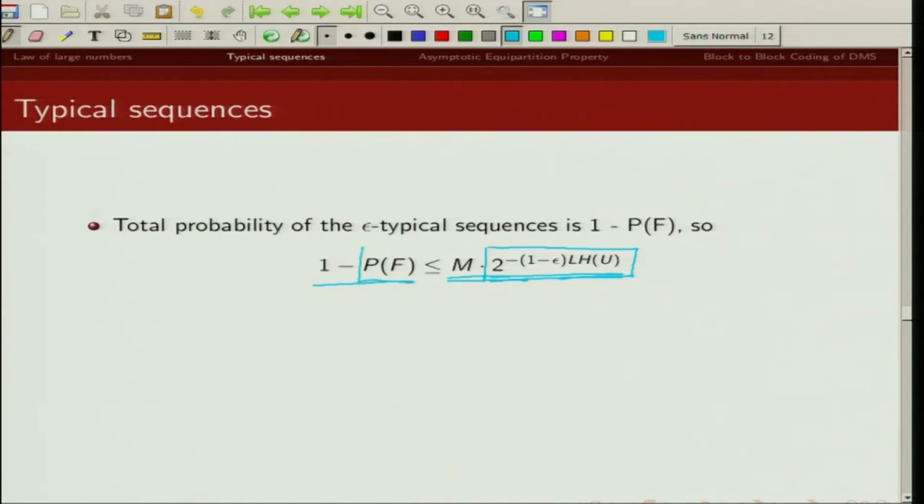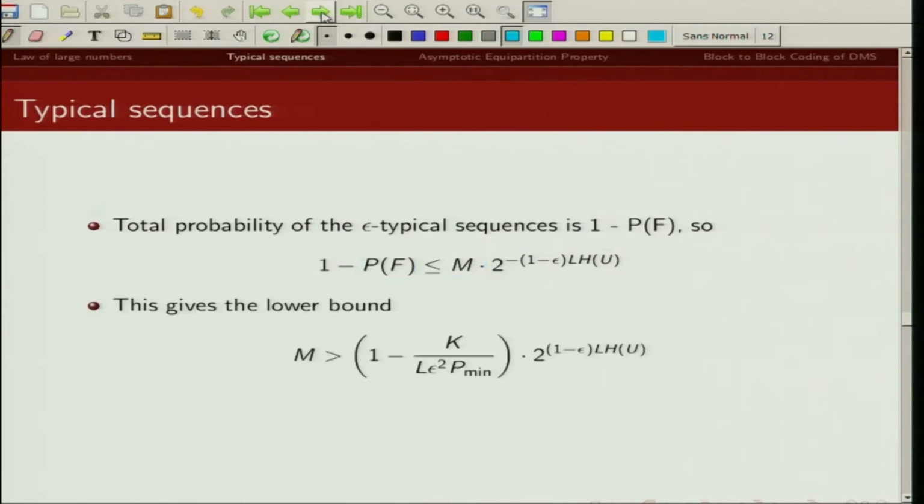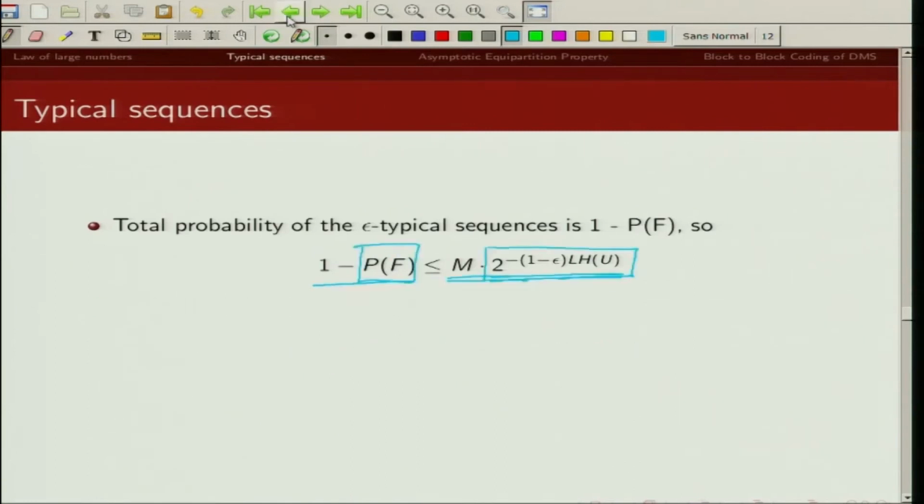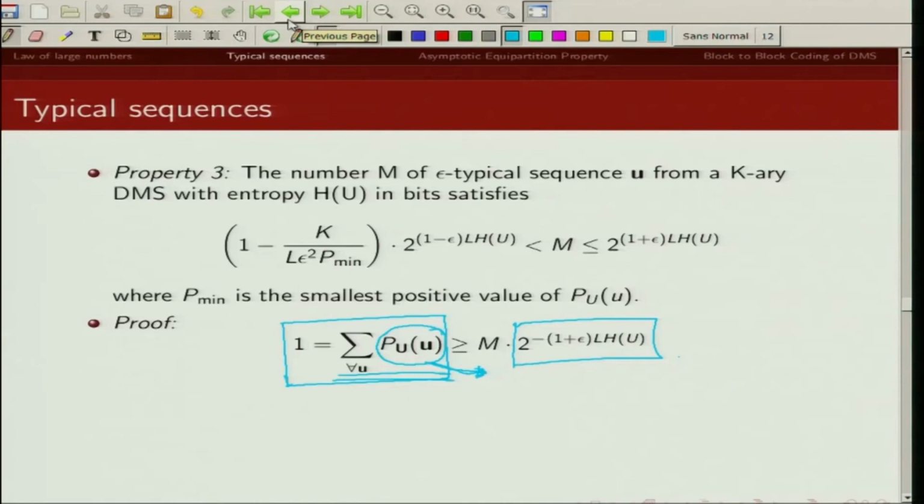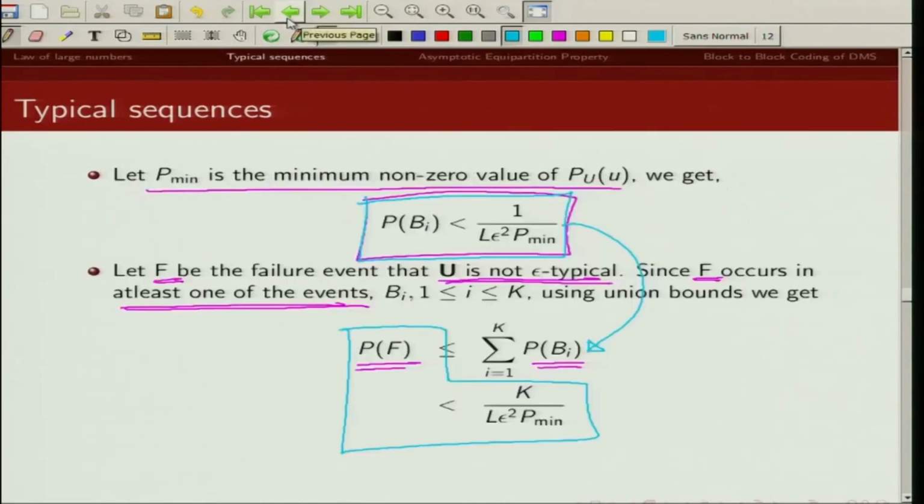And what is this quantity? We have already derived it in property 2, so we plug in that value. In property 2, probability of f is upper bounded by K divided by L epsilon square P minimum, right?